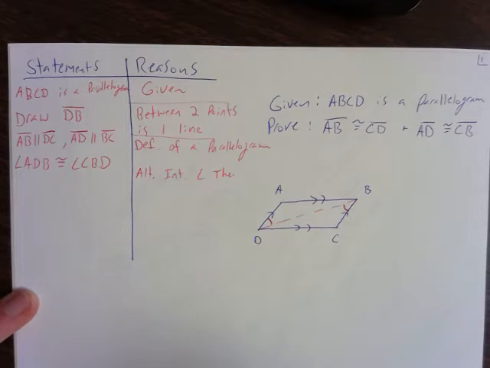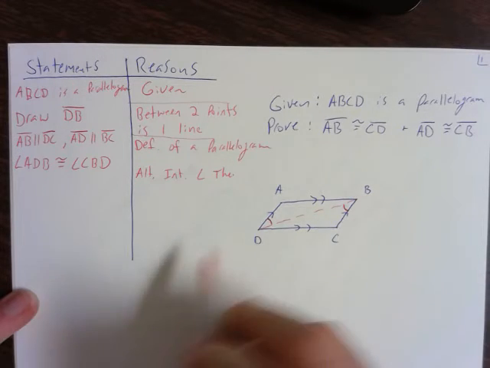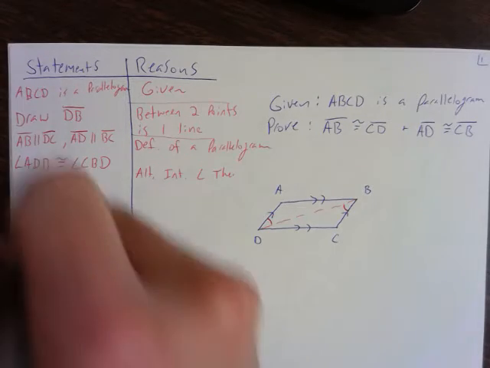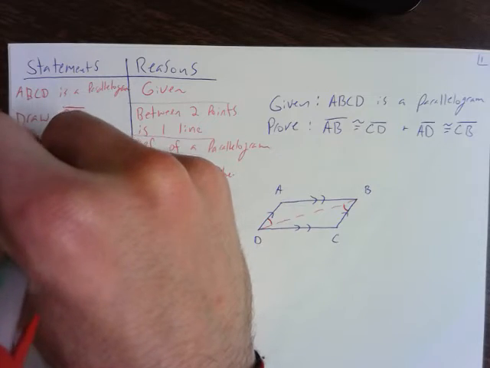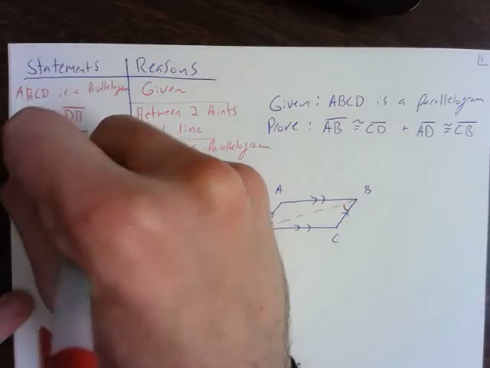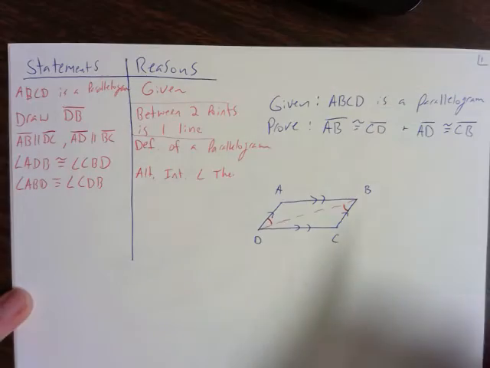And I can also throw in that angle CDB and angle ABD are also congruent by the same theorem. So I'll also write that angle ABD is congruent to angle CDB. And that's the exact same thing.